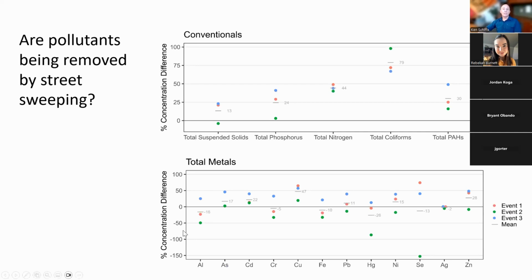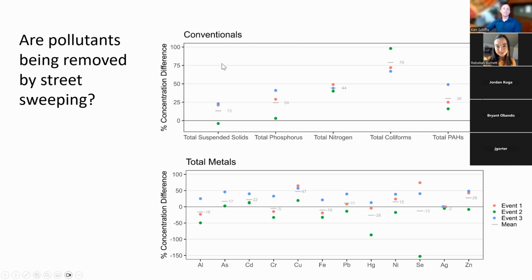All right, so I'm going to make this a little bit easier on you. Now I'm just plotting essentially the difference between swept and unswept. So we'll take these conventional pollutants up here, like suspended solids, nutrients, coliforms, and basically all we did was take the concentration difference between the swept and unswept.